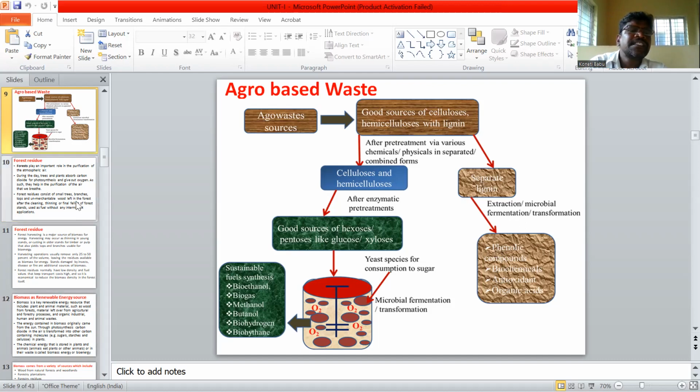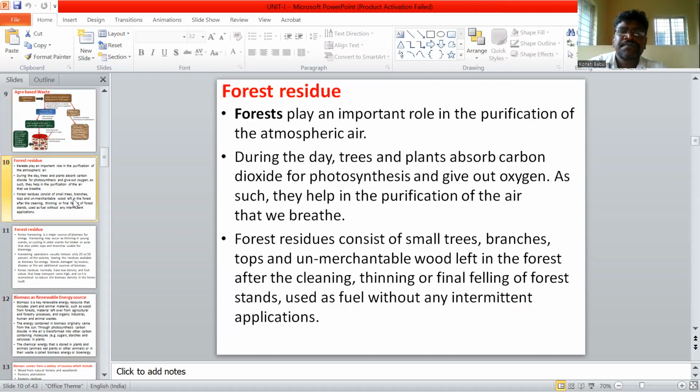Then the second one is forest residues. Generally, forests play an important role in the purification of air, the purification of atmospheric air. During the daytime, trees and plants, by photosynthesis, absorb carbon dioxide and release oxygen.